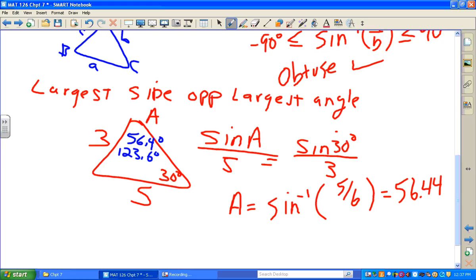What is the sine of 123.6? What's the sine of 56.44? So they're pretty close, aren't they? But how do you know which it is? It's opposite the side, isn't it?